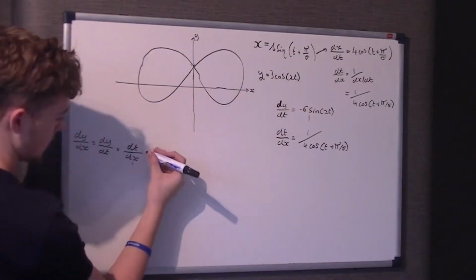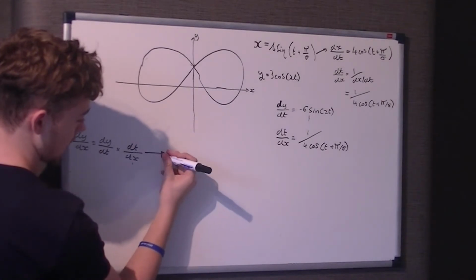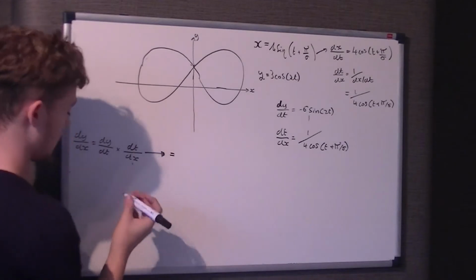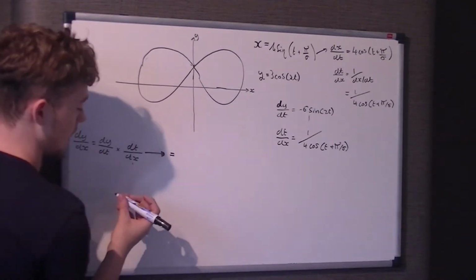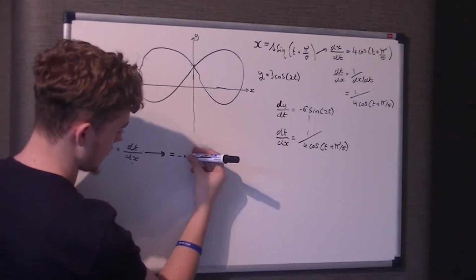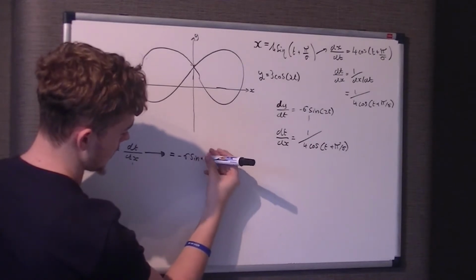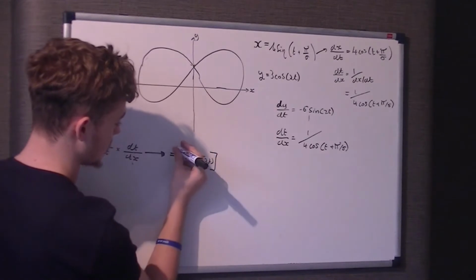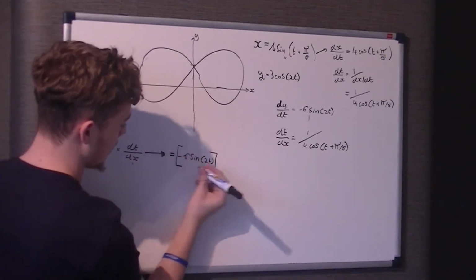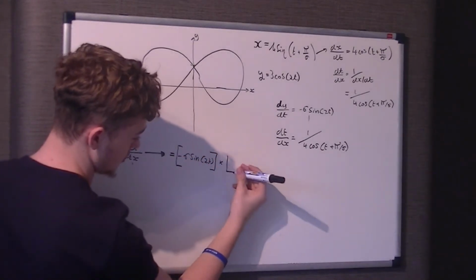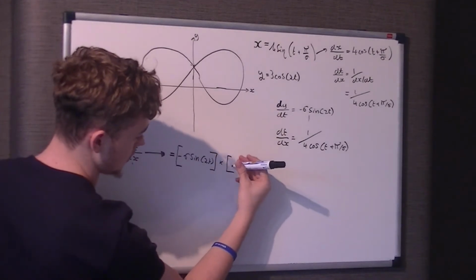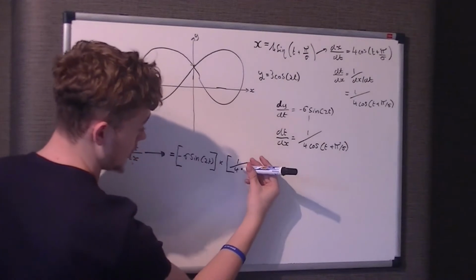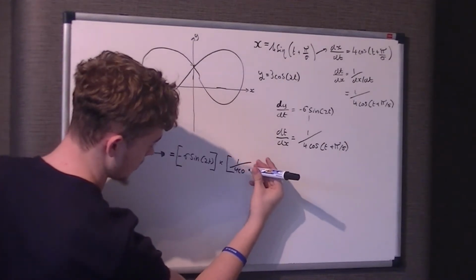So really starting to get into this old math stuff we're doing here. We say dy/dx is equal to dy/dt times dt/dx. dy/dt is negative 6 sine 2t. What I like to do to look that little bit more smart is put it in square brackets so you don't mix it up, because that would probably cause a few nuclear bombs to go off, but nothing too bad.